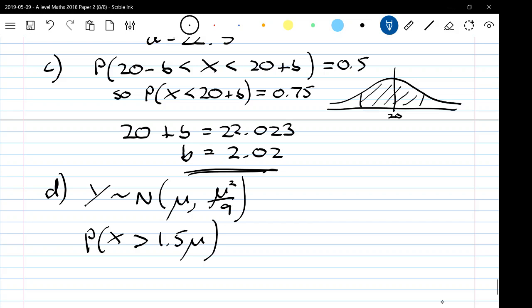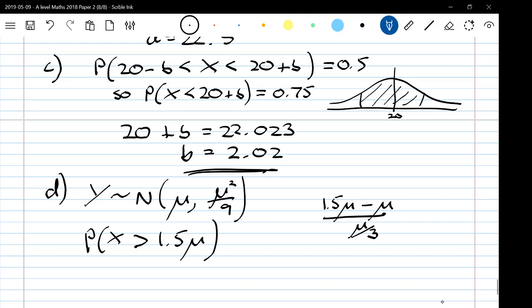This is the bit where we do need to remember standardising the normal distribution, the Z score and all of that kind of stuff that we looked at. If we were to standardise it, we would do 1.5 mu minus mu over the square root of mu squared over 9, so over mu over 3.